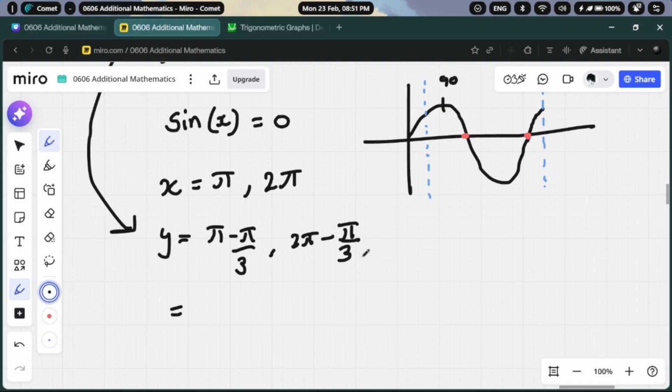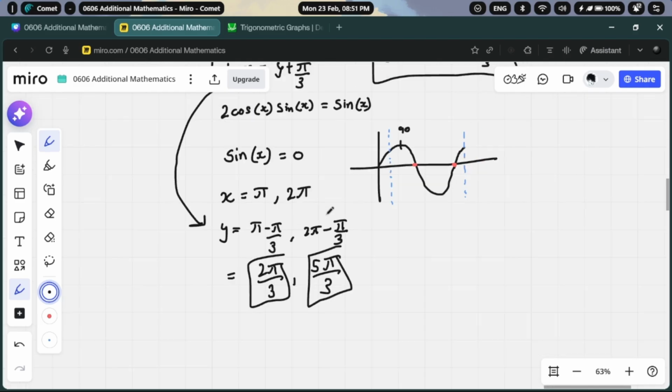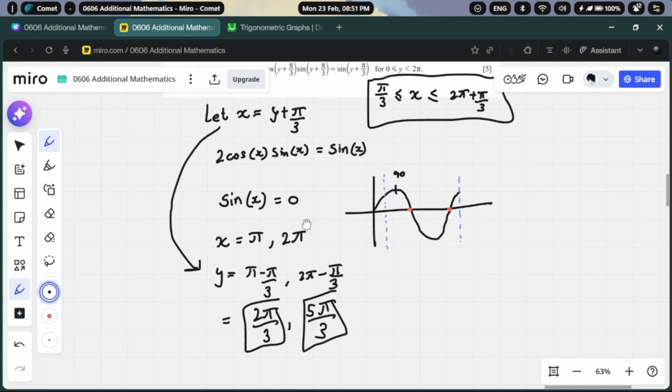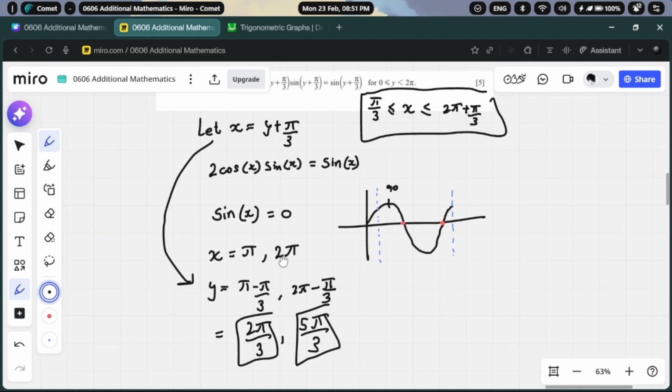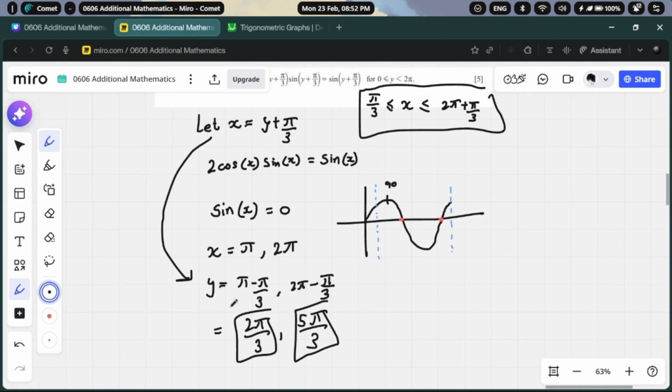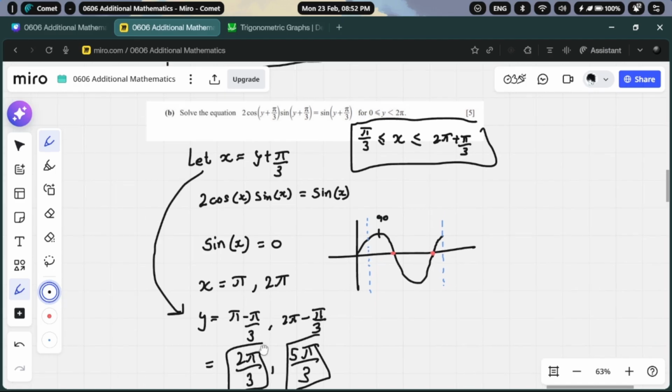Calculating this would give you 2 pi over 3, and then essentially 6 minus 1, so that would be 5 pi over 3. These are your two values that you would get from sine x. These are the two values for y. So these are your two final values.